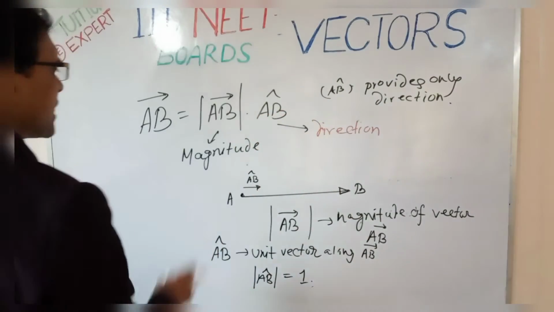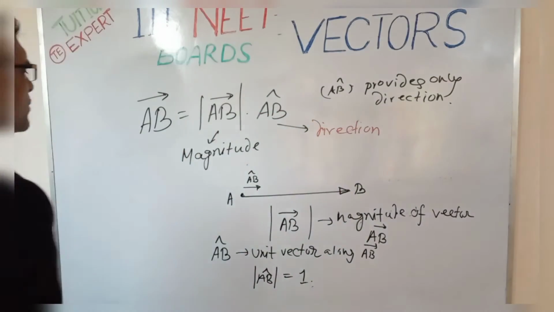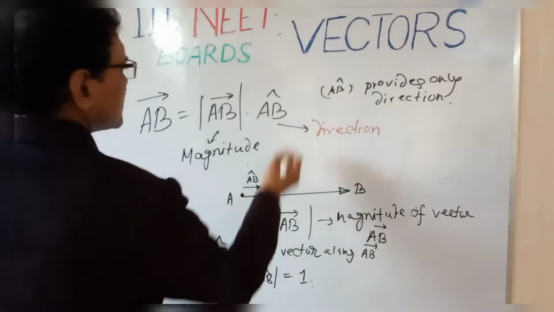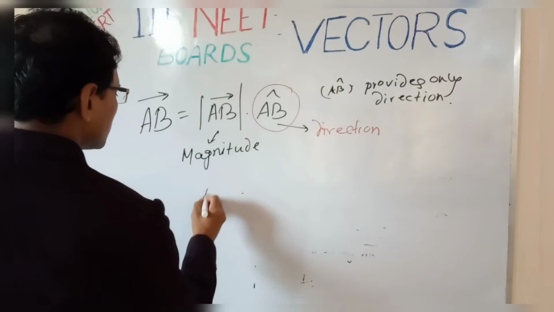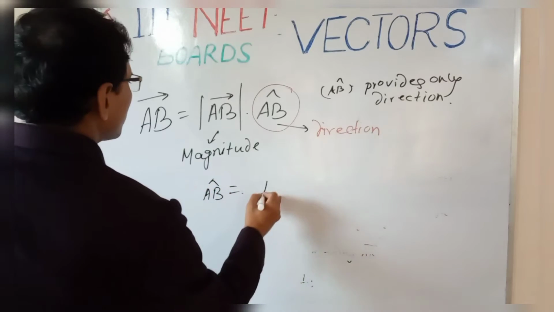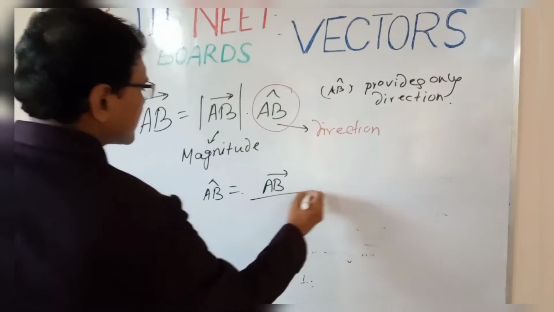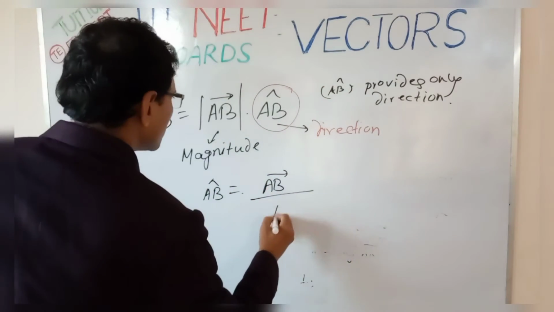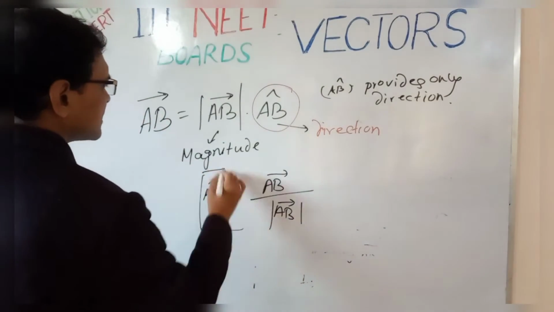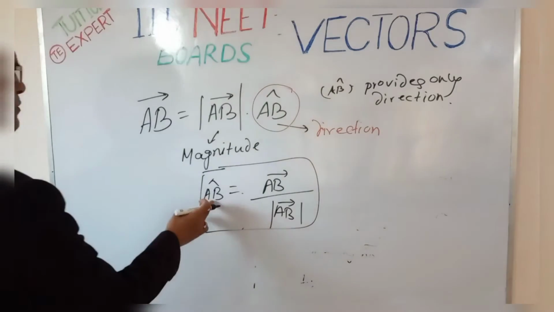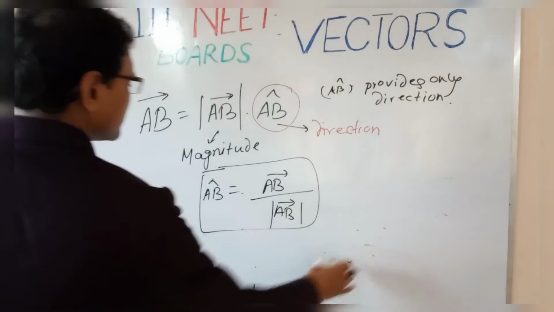Magnitude and direction both are required to mention a vector. So the function of a unit vector is only to provide the direction. So the unit vector AB equals the vector divided by its magnitude. This is very, very important.